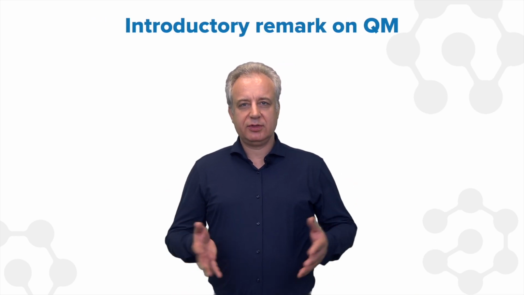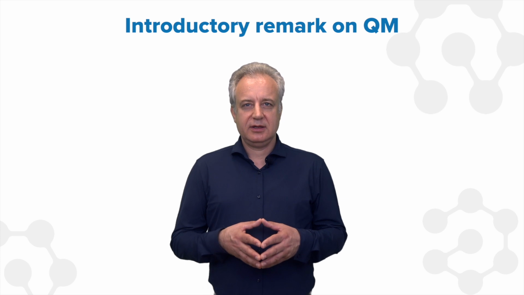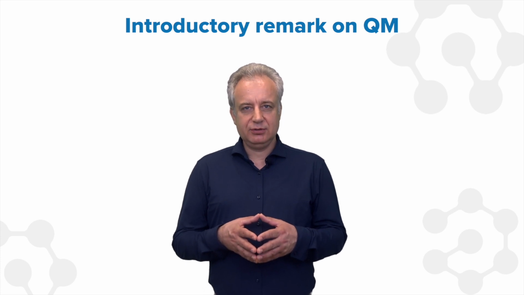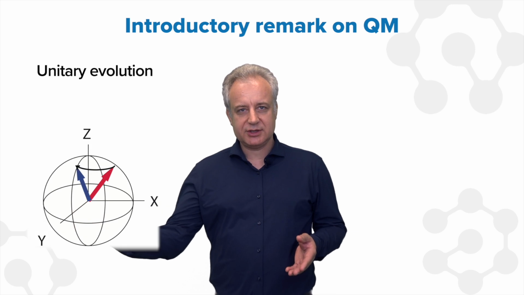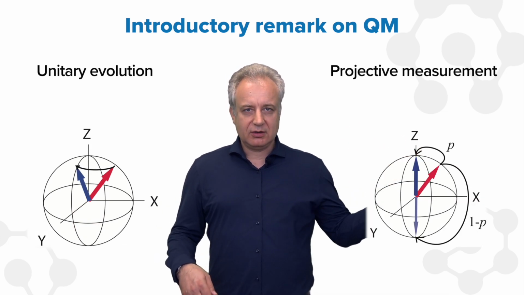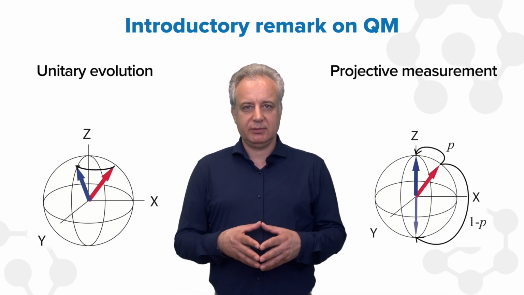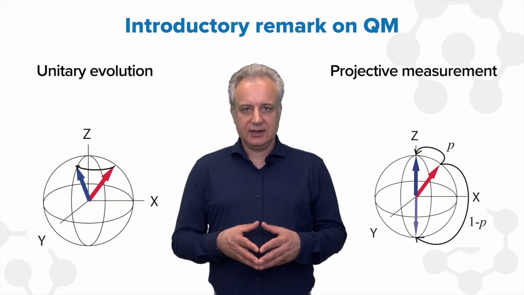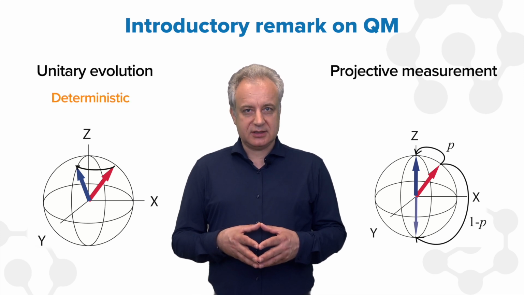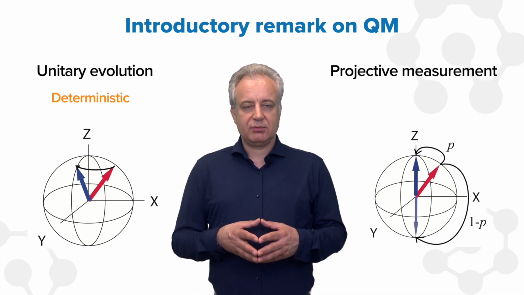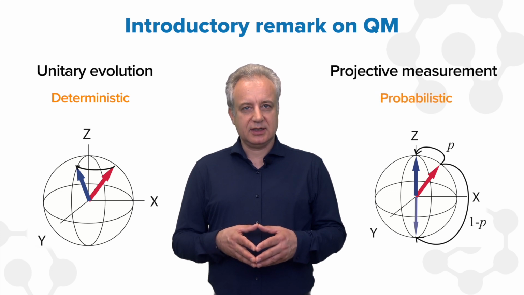Okay, so let us start to explain how measurement-based quantum computation works. Let's begin with an introductory remark. There are two different evolutions in quantum mechanics that are very distinct. There's unitary evolution and there is quantum measurement, specifically projective measurement. That's the extreme case. And these two evolutions are very different. Unitary evolution is deterministic and projective measurement is probabilistic.